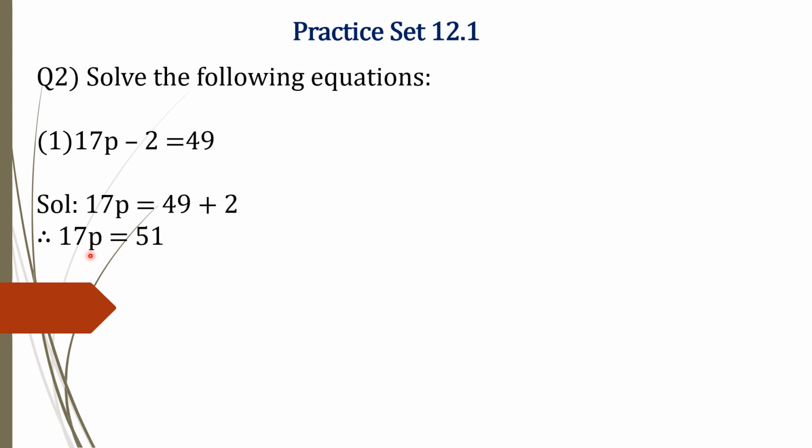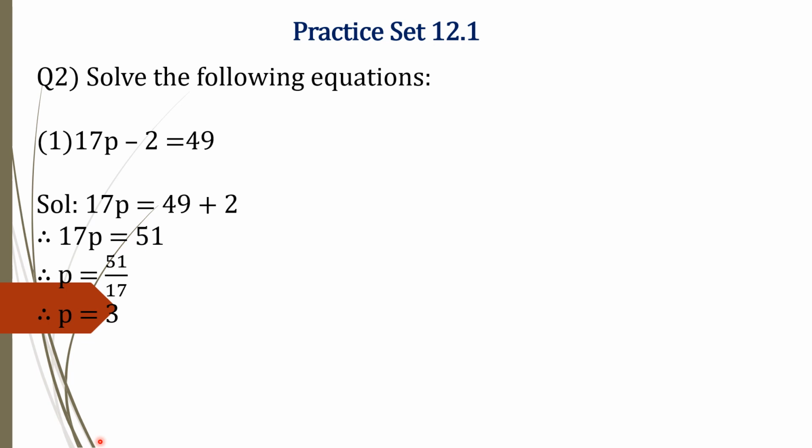Now students, I want the value of the variable p. So this number 17, that is 17 into p, I'll bring to my right hand side. It will divide here, so it will become p equal to 51 upon 17. I hope you are getting it.